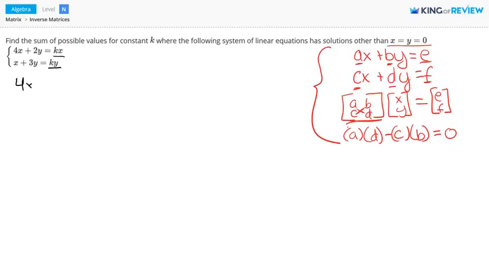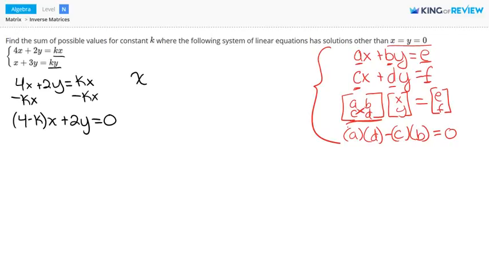So we have 4x plus 2y equals kx, and we want to subtract this kx on both sides. So here we can write this as 4 minus k times x plus 2y equals 0. That's going to be our first equation.